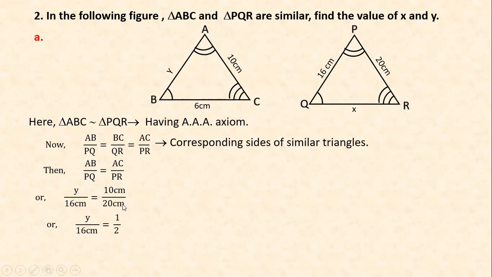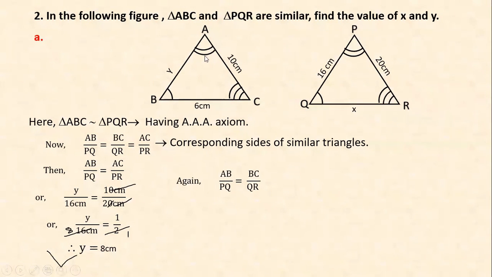On the right-hand side, cm cancels, the zero cancels, and 1 by 2 remains, right? Now we can cross multiply: y times 1 is y, and 8 times 1 is 8 cm. So the value of y is 8 cm. Clear? Now come to the next.